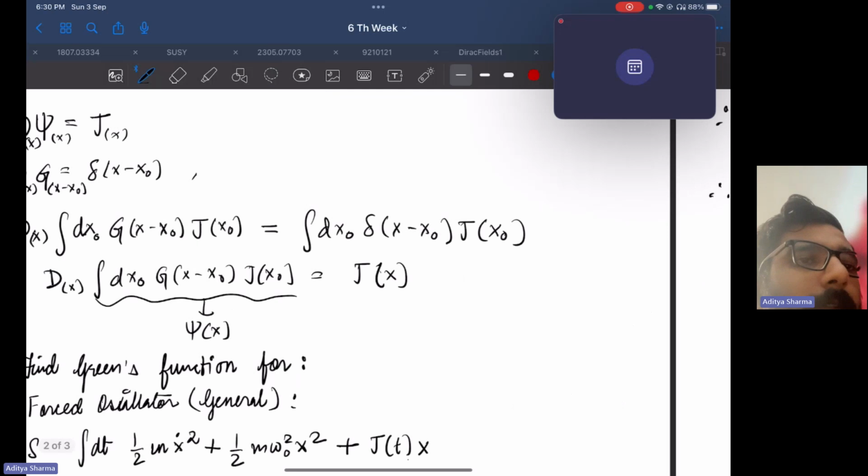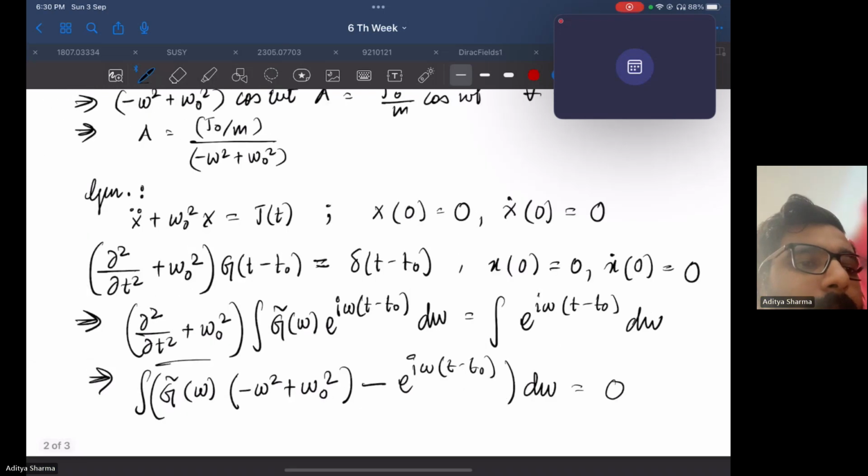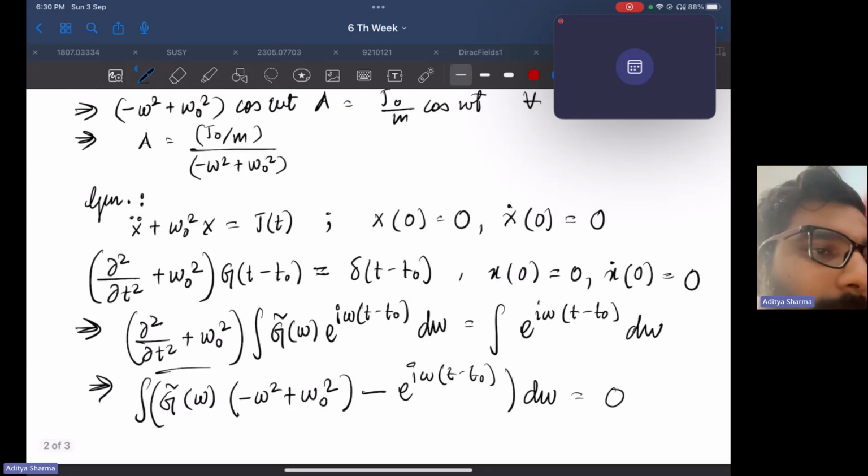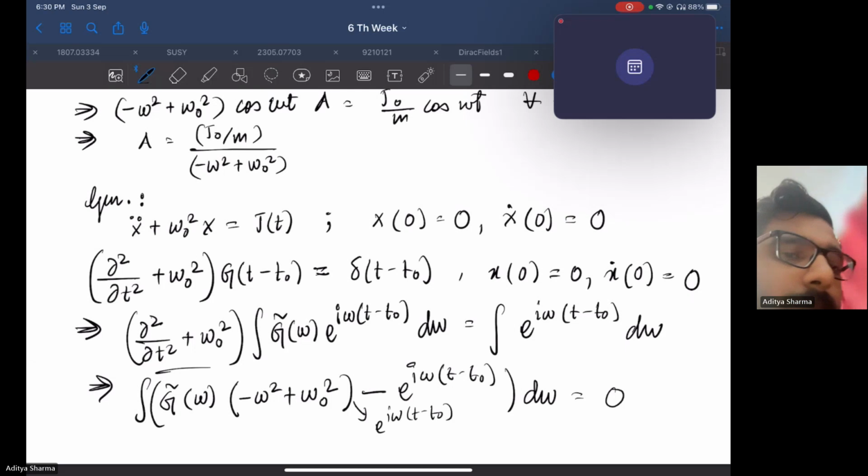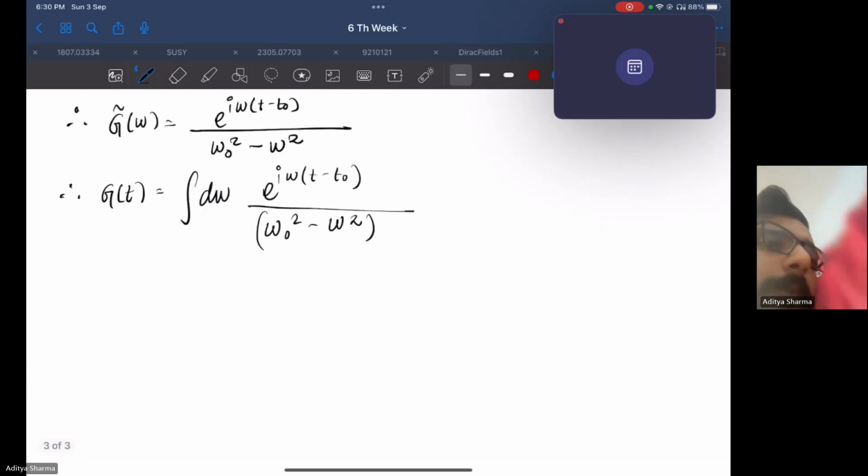Now we have to integrate this to get G of t.